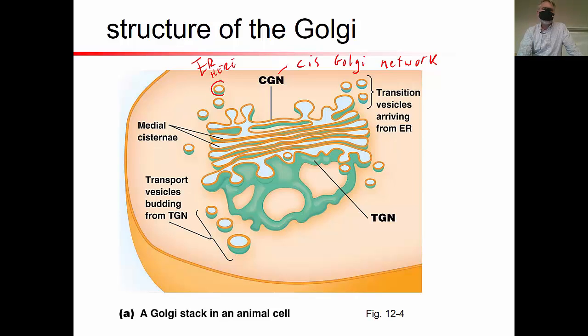We'll talk more about that today, but also we'll do a section of that later. At the far end, we have what's called the trans-Golgi network on the far side. Again, we can see vesicles leave to go on to either other organelles, such as the lysosome, or to actually exit the cell altogether.